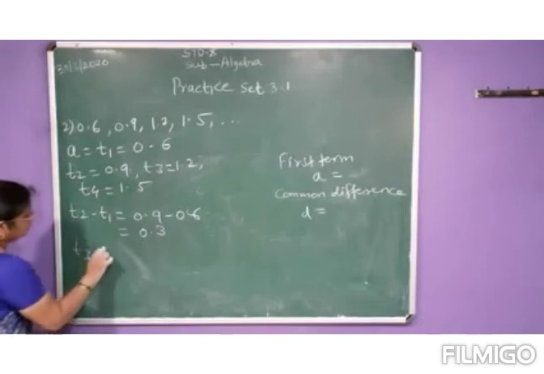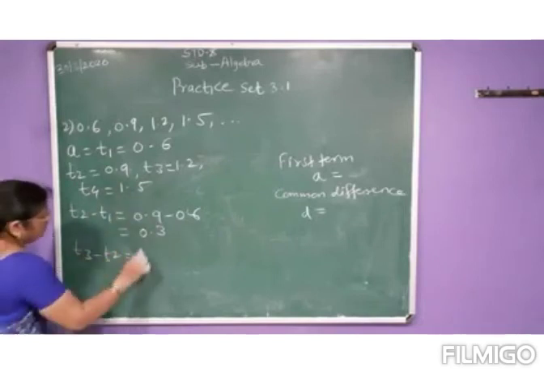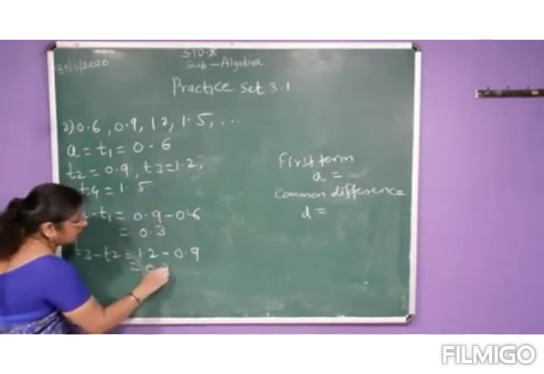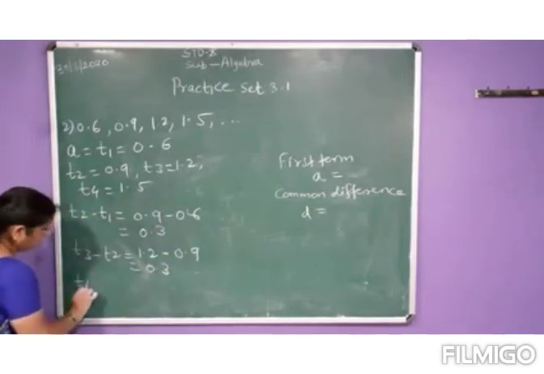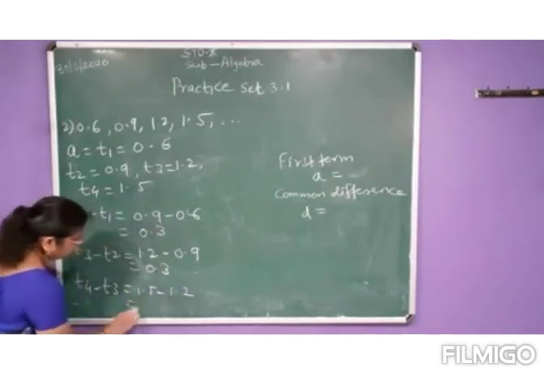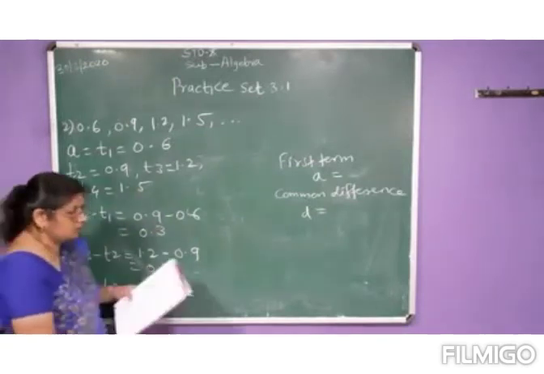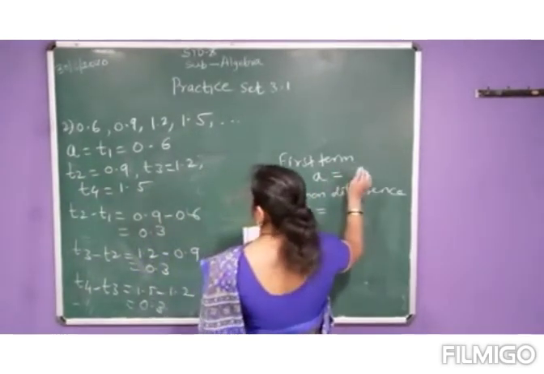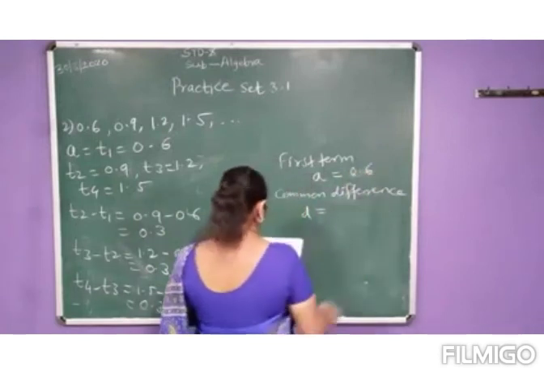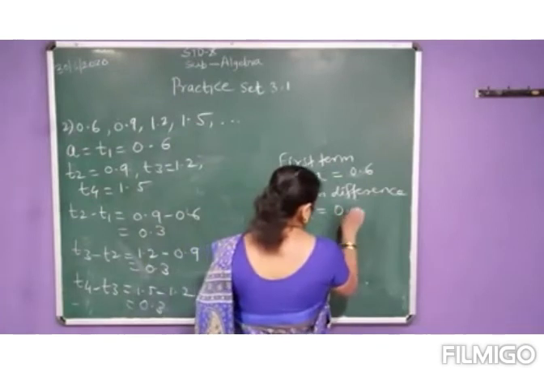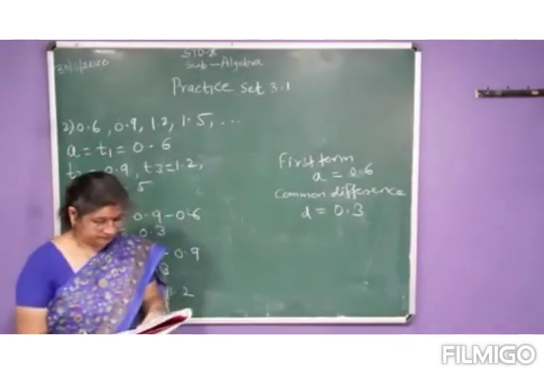Then T3 minus T2, 1.2 minus 0.9, again 0.3. T4 minus T3, 1.5 minus 1.2, so 0.3. So A is 0.6 and D is 0.3.